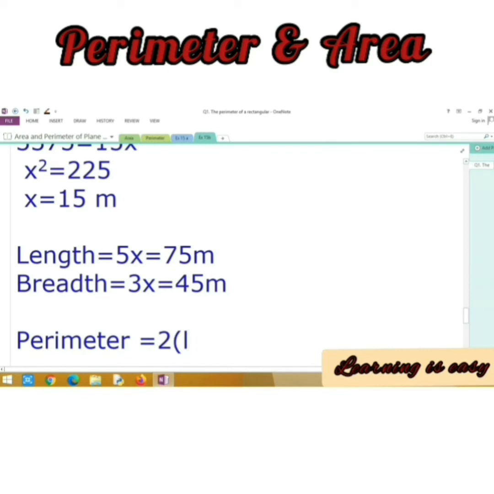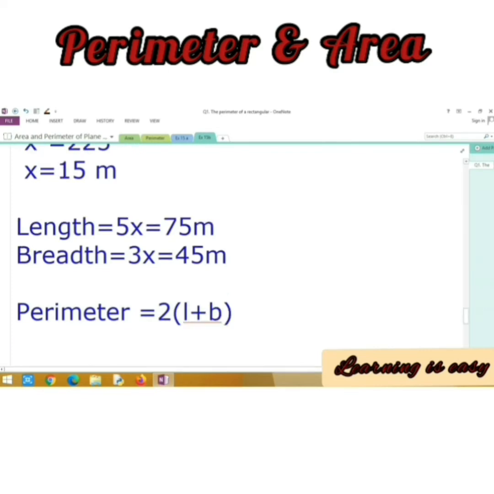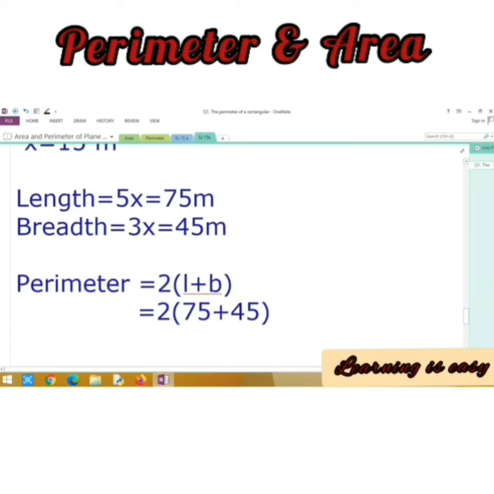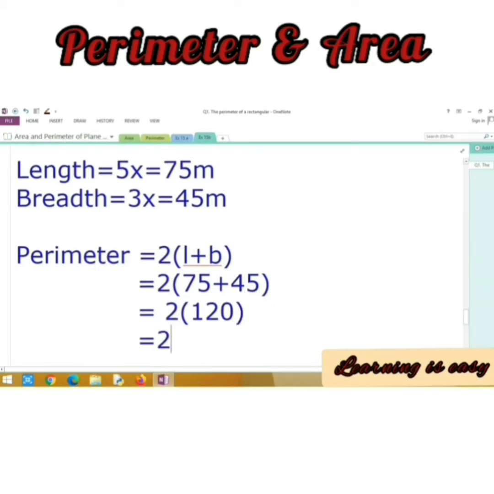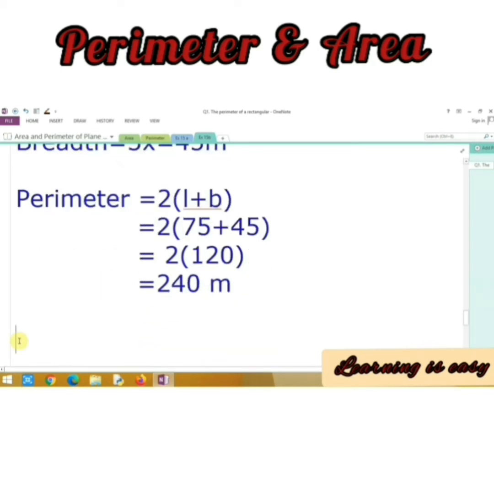That's going to be 2 into (L plus B). By substituting length and breadth, we get the perimeter of the lawn to be fenced, 240 meter.